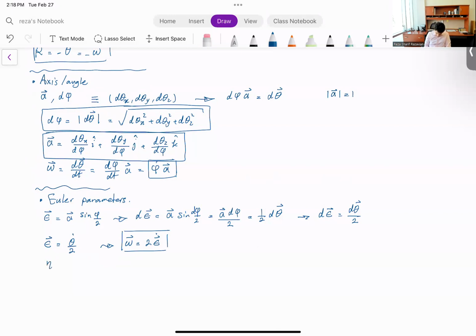And eta, which was eta, is cosine of phi over 2, right? My notation is strange.